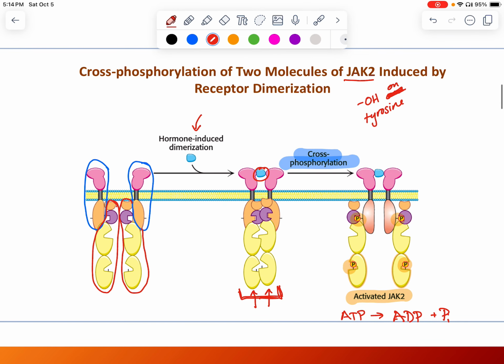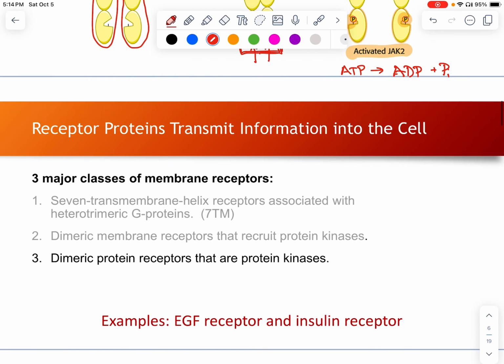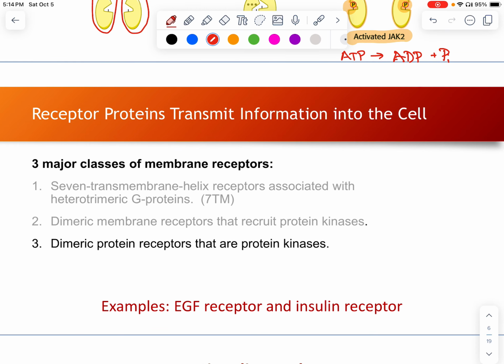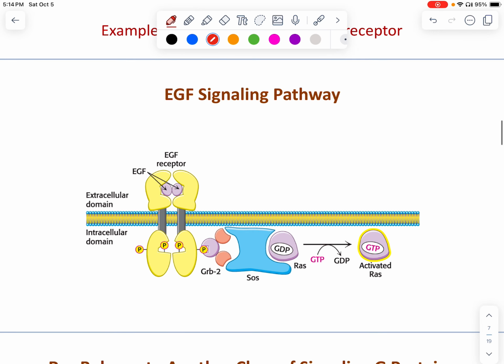All right, so that was an example of a dimeric receptor that recruits protein kinases, but some of these receptors are also in themselves protein kinases. So we're going to look at an example, actually two examples. We'll look at this epidermal growth factor receptor and the insulin receptor. So let's start with the epidermal growth factor.